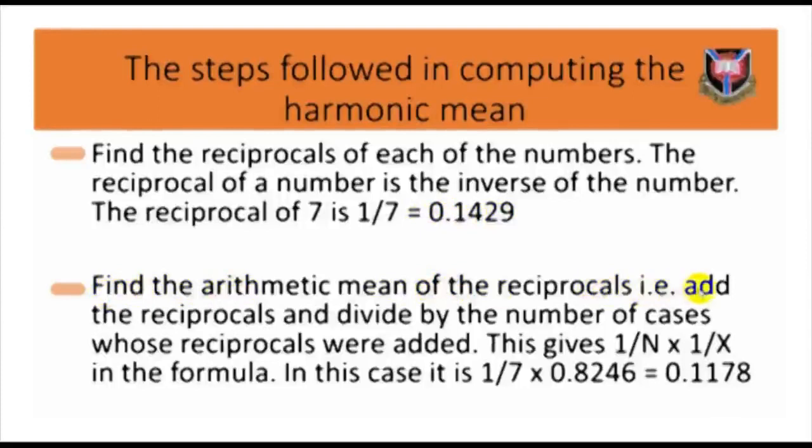This you do by adding the reciprocals and dividing by the number of cases whose reciprocals are added. This gives 1 over n times sigma 1 over x in the formula. In this case, it is 1 over 7 times 0.8246, which is equal to 0.1178.